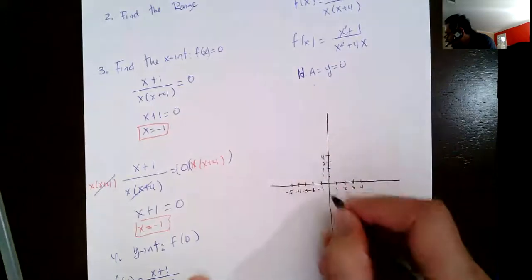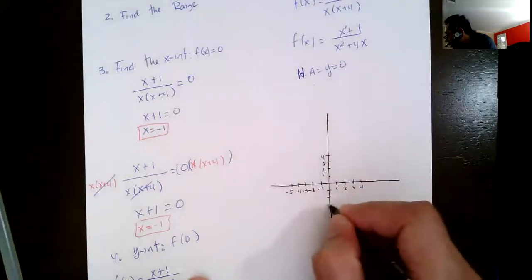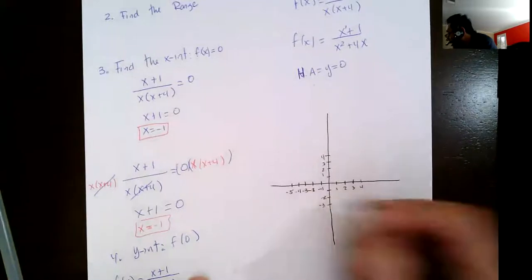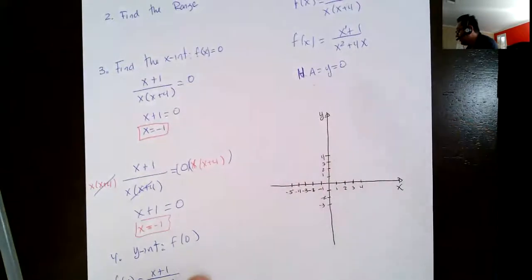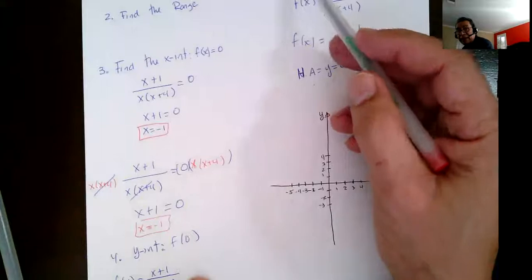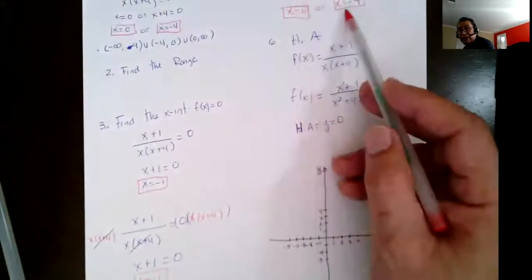Let me just scale a little bit more here. -2, -3. This is the x-axis, and this is the y-axis, right? So let's start with the 2 vertical asymptotes: x equals 0 and x equals -4.